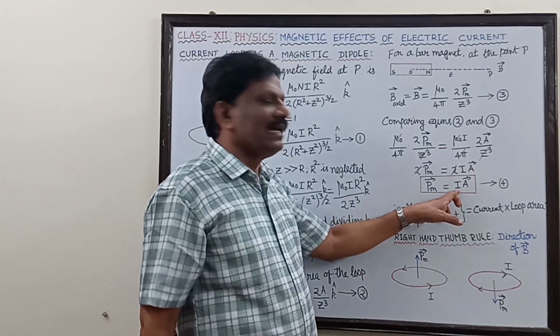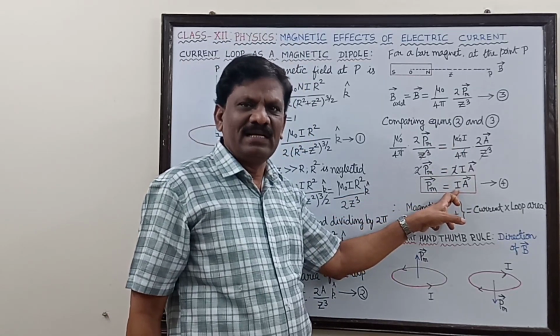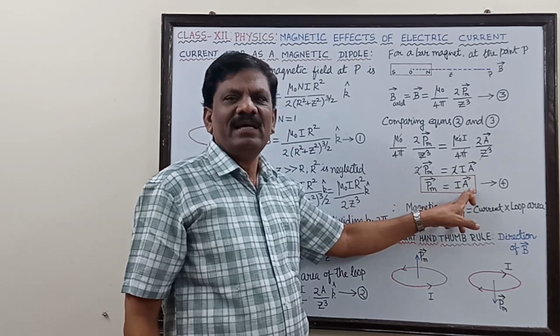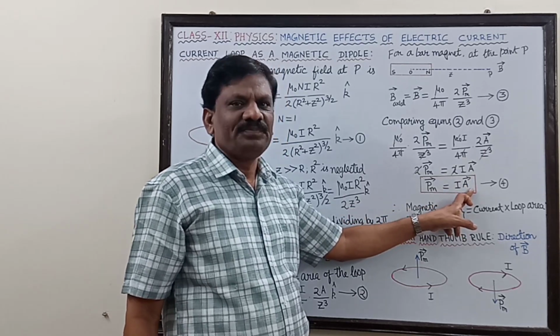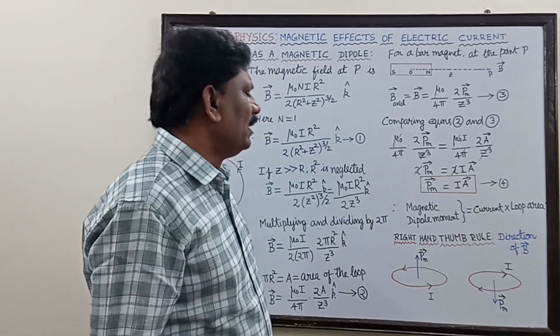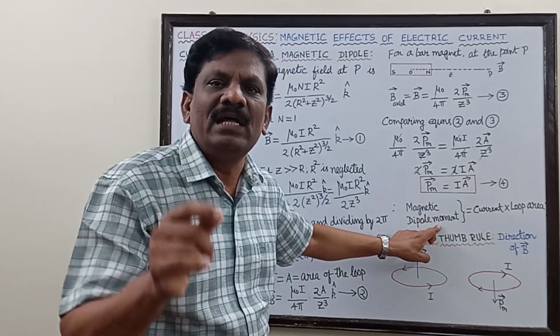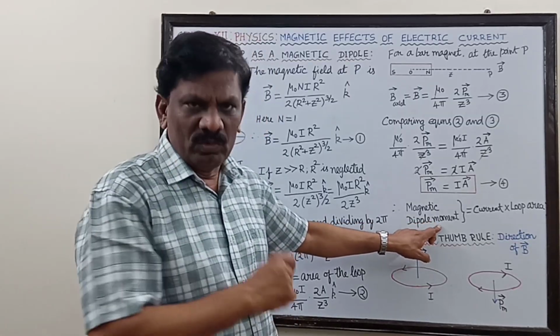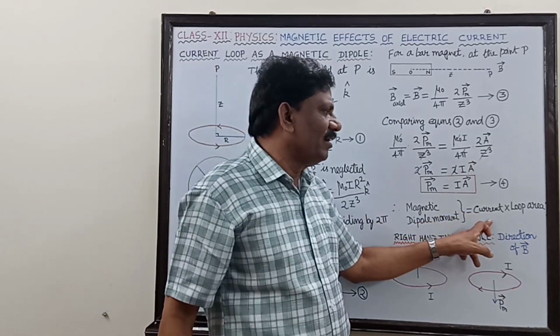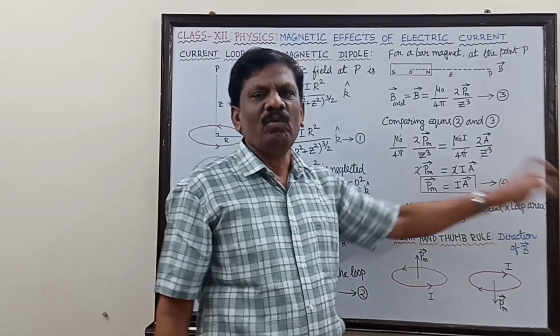I is the current flowing through the circular loop, is it not? And A is the area vector, that is pi r square. So what we have proved, the magnetic dipole moment of a circular coil or loop is equal to the product of current and the loop area.